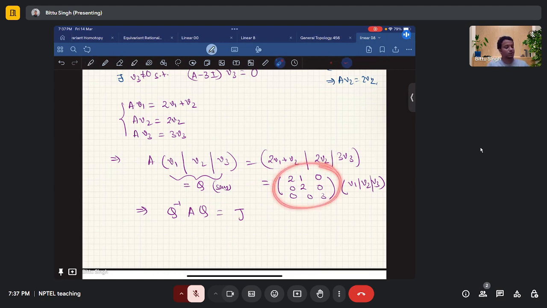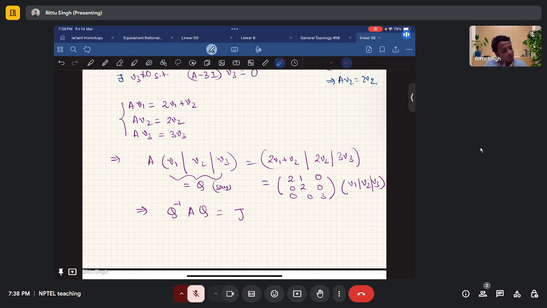We can see this is the given Jordan form. We also notice that Q and Q inverse are actually rational. If Q is a matrix which consists of rational entries, then Q inverse is also rational, which is easy to see because we simply take the adjoint divided by the determinant, so this will again be rational.